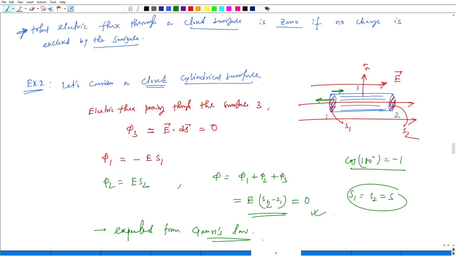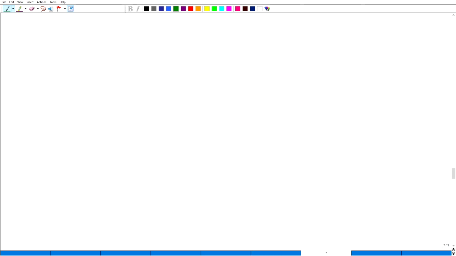And the Gauss law is a more general statement. So we point things out in the following manner. Gauss law is true for any closed surface. It does not depend on the shape and size.